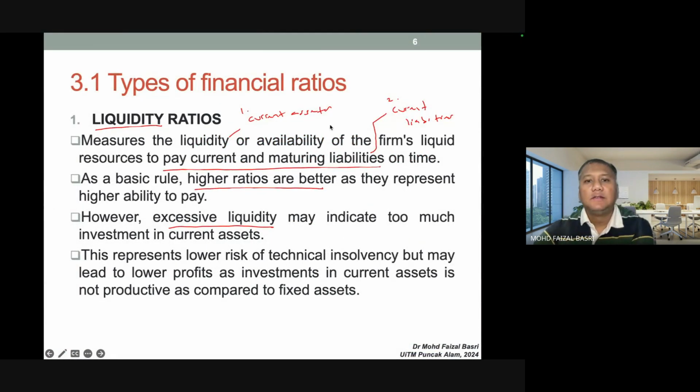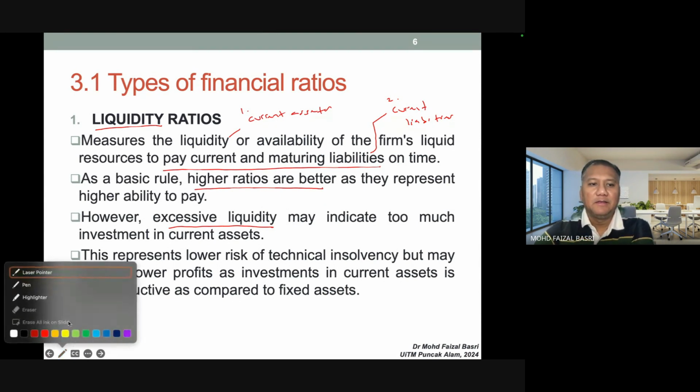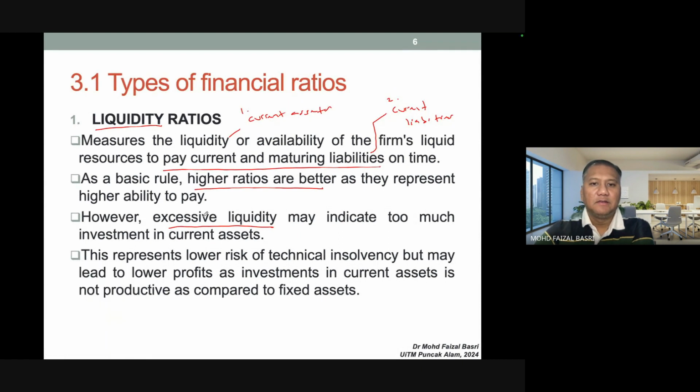Okay. So if it's too excessive, like I said, selalunya dia akan relates back to the term inefficient. Why inefficient? Because when we say about current assets, selalunya relates dengan low income ataupun low returns assets, ataupun some of the current assets have no return whatsoever.